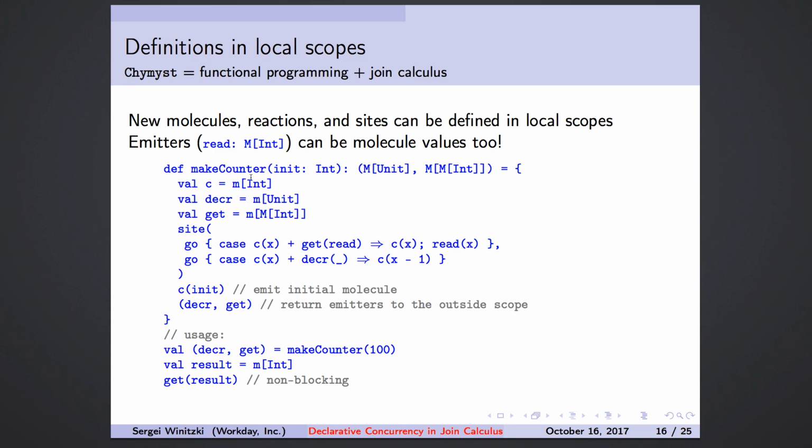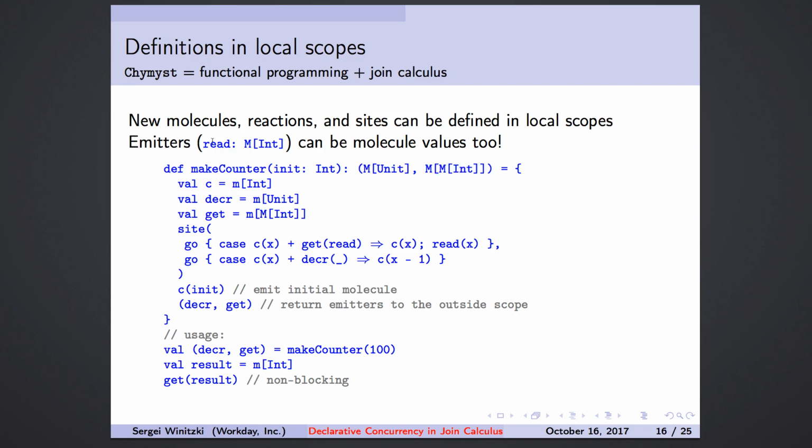So here's an example. I do the same counting thing that I did before, but the entire counter chemistry is inside a function. So this function returns two molecule emitters, one with unit, one with molecule emitter value. I can do that too.